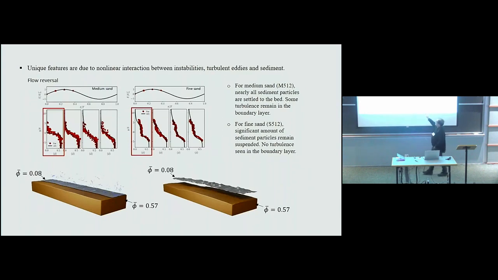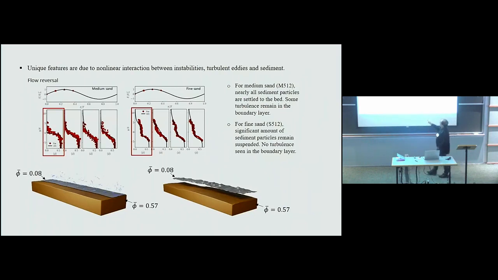Overall the model is doing a good job, but more importantly, the model is able to capture, for fine sand, this very unique shoulder-like concentration profile feature, which does not exist for medium sand. Also, the overall transport layer thickness for fine sand is much larger than that for medium sand, and the model is able to capture that.